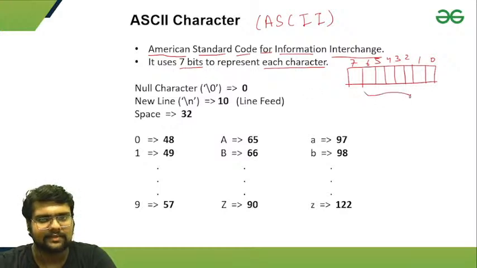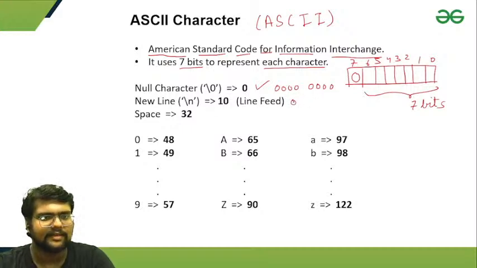So here the first 7 bits are used, and the first bit is 0. Okay, so a character is represented by these 7 bits. Okay, so for the null character, the ASCII value is 0. That means 0, 0, 0, 0, 0, 0. Okay, then for the new line character, it is 10. So the ASCII value 10 would be 1, 0, 1, 0.